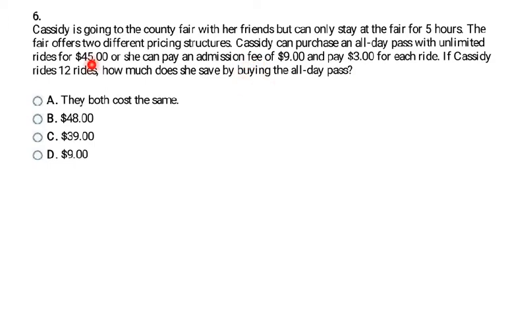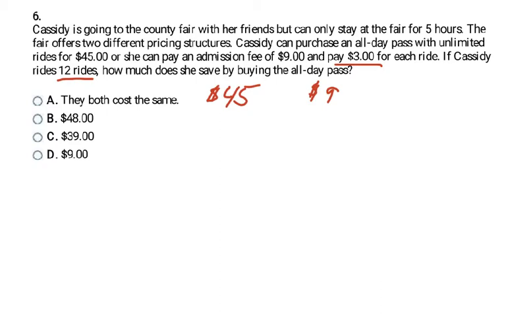So she has 2 options here. If she pays for the all-day pass, she pays $45 for a one-time fee and she's done. Okay, or she can pay a one-time fee of $9, but then she has to pay $3 for each ride. She wants to ride 12 rides. So for each, those are keywords for multiplication when you see those in a word problem.